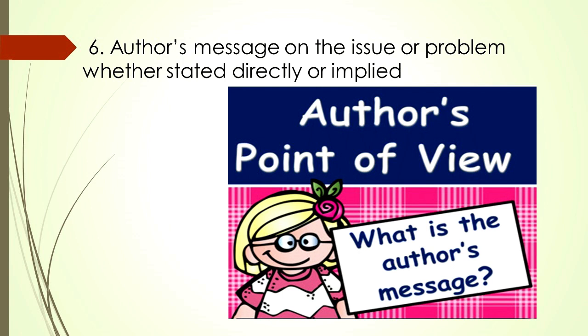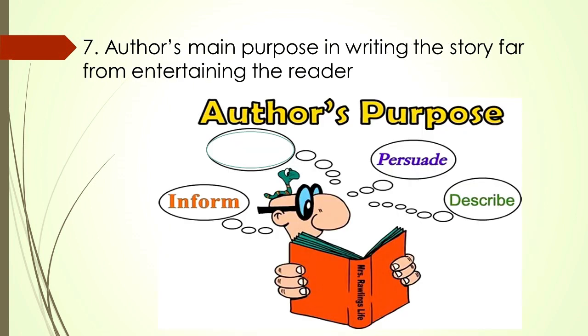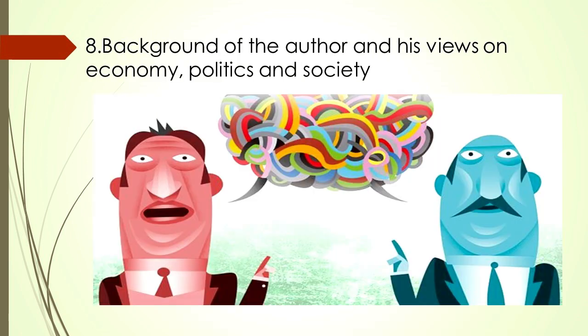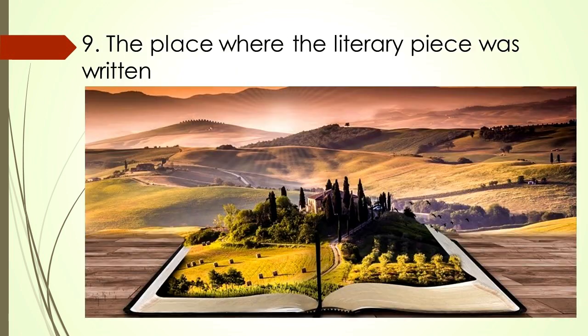Number 6, author's message on the issue or problem, whether the message is stated directly or implied. Number 7, the author's main purpose in writing the story is present and that is far from entertaining the reader. Number 8, background of the author and his views on economy, politics, and society.